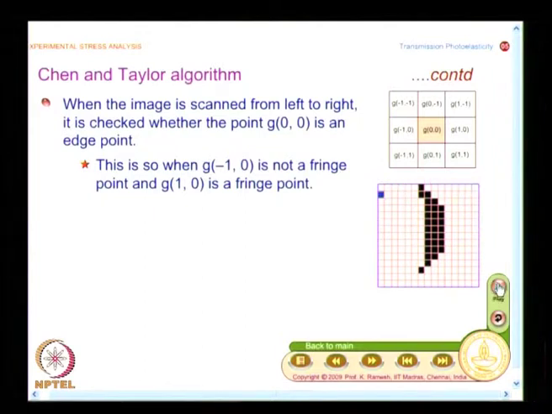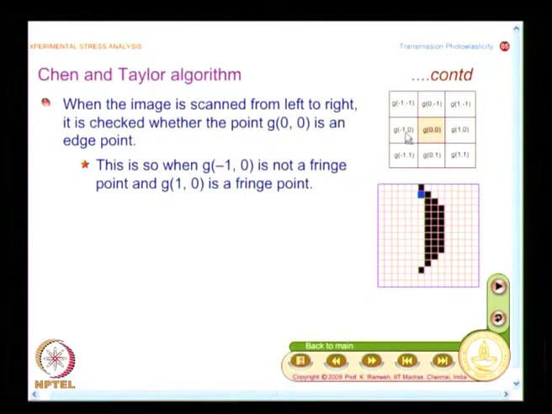And in the first step, it has retained this pixel, and now the blue pixel is in this region. Now, we will have to look at a 3 by 3 mask around it and investigate whether this pixel can be retained or eliminated. And what we want to do is look at whether g minus 1, 0 is not a fringe point and g 1, 0 is a fringe point.